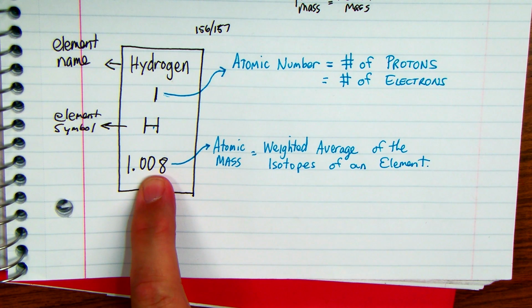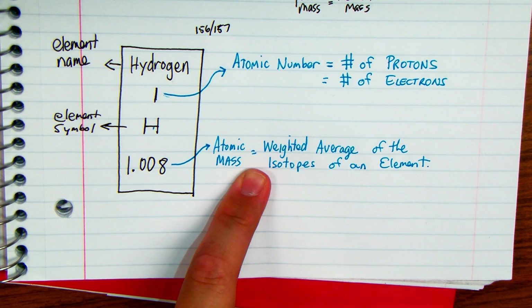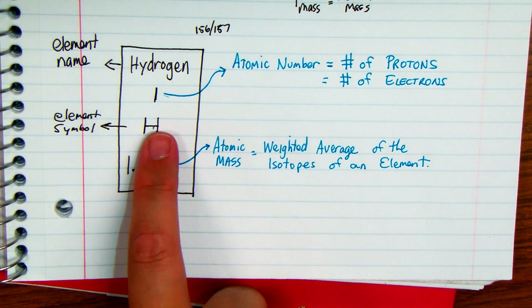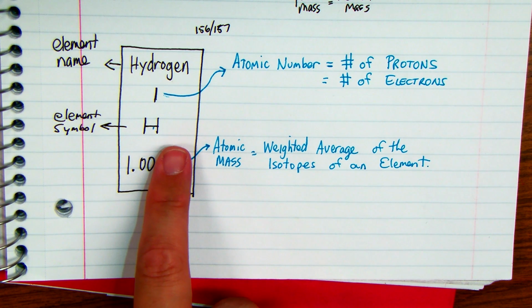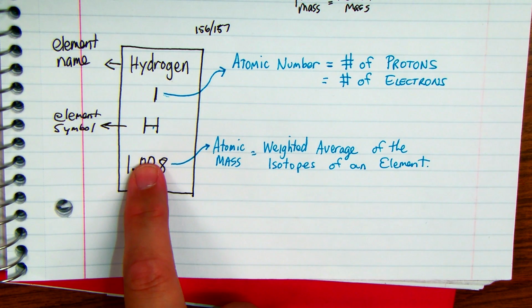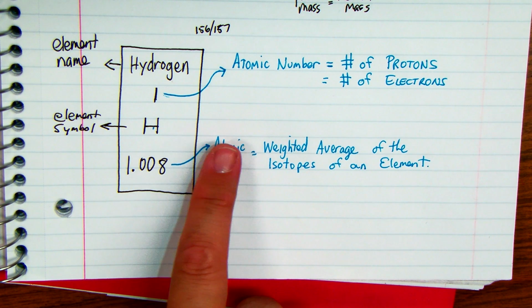And the idea, we're going to talk about isotopes in a second here, but the idea is that for hydrogen, there's more than one version of hydrogen. And I'm going to show you what that means and how we can figure out what the different versions are. What the average is, you take what we call a weighted average.